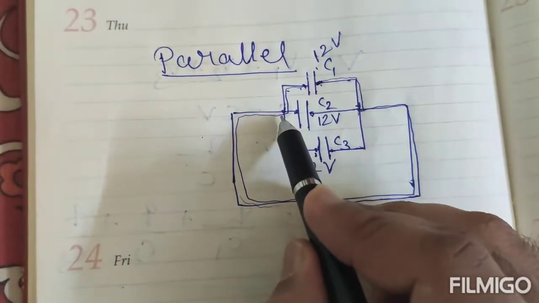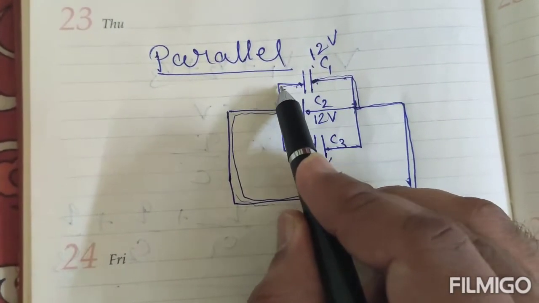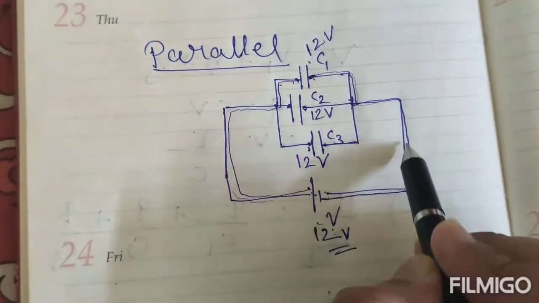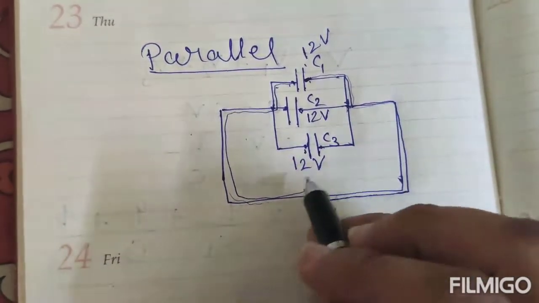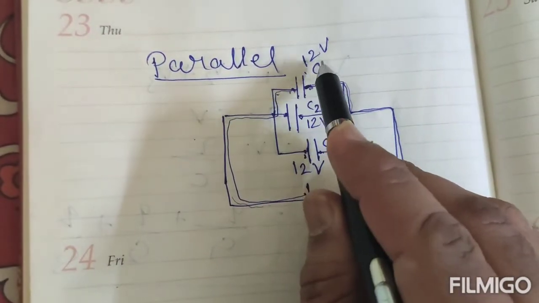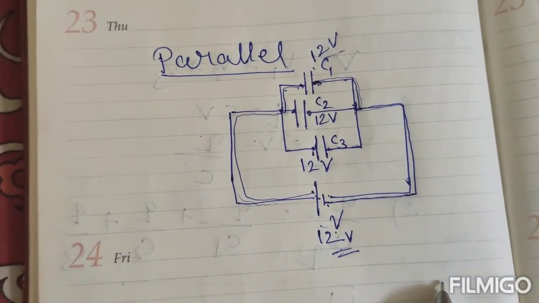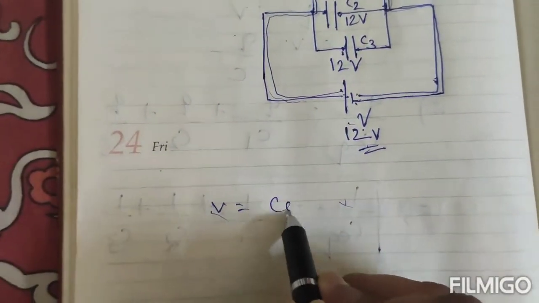Because the first plate is connected to the plus and the second plate is connected to the minus. So the potential difference is constant here. V is constant.